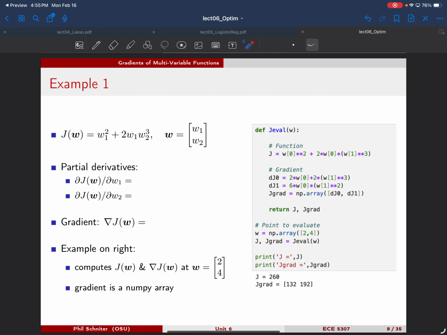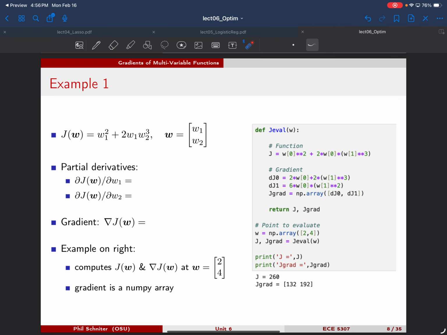So how do we do the first one? What's dJ/dw1?